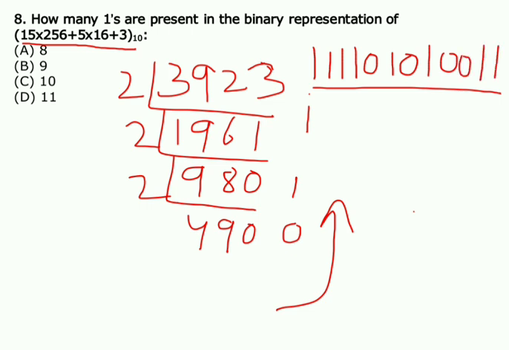So this will be the answer here. They are asking for the number of ones present in the binary representation of the given decimal value 3923. So here the number of ones is 8, right? That's why option A is the correct one.